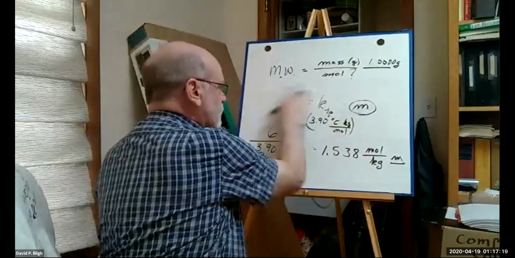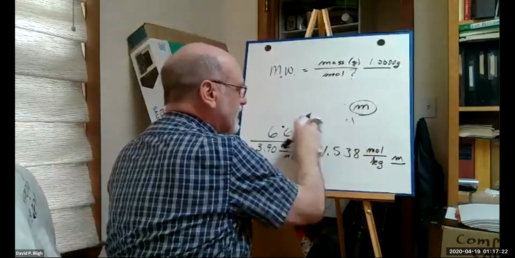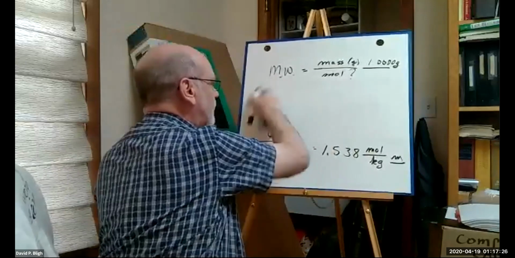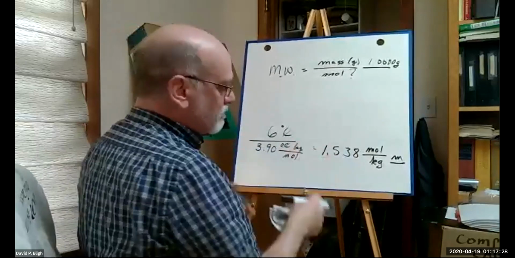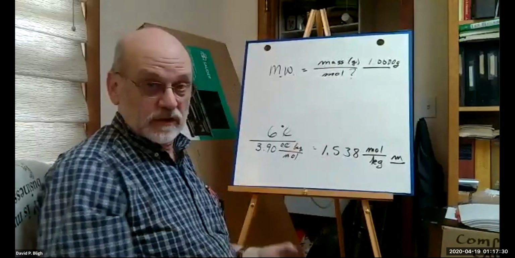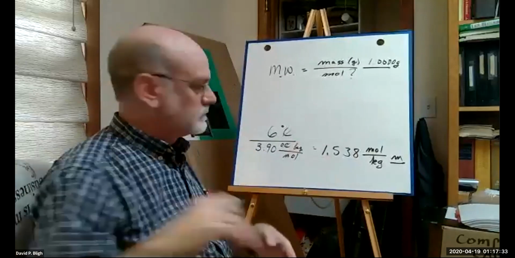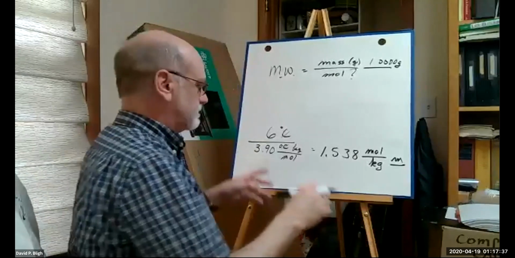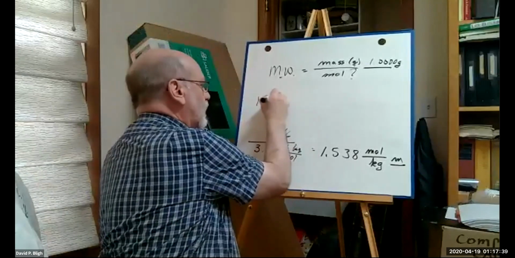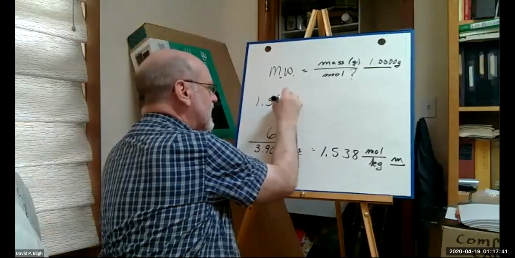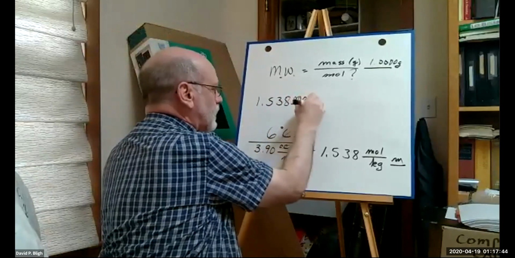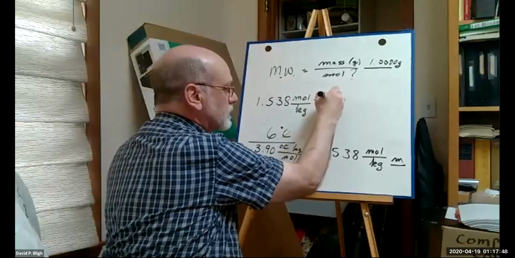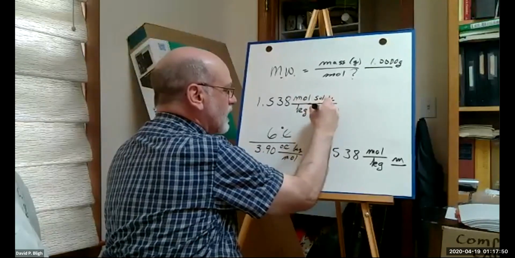So we've used that expression to give us molality. How do we get moles out of that expression, right? You need a conversion factor. Or you need a multiplier of some kind. So if we got 1.538 moles per kilogram, this is moles of solute per kilogram of solvent.